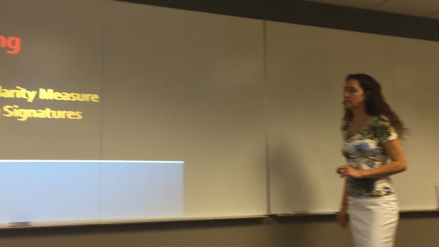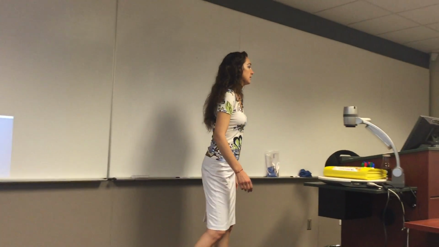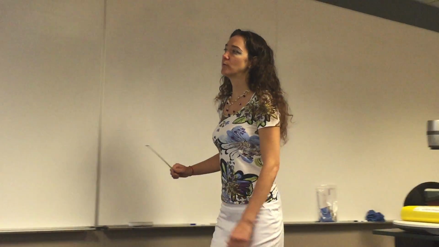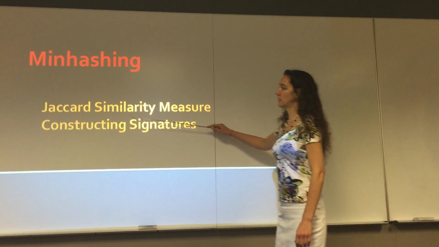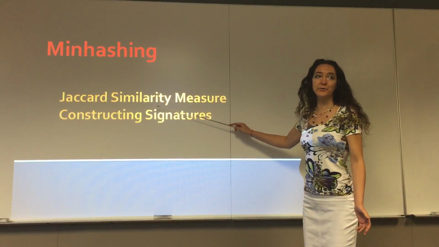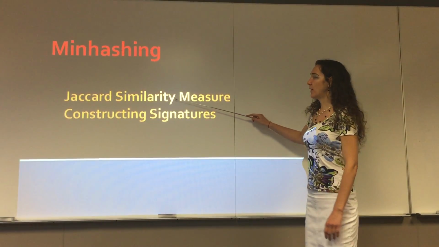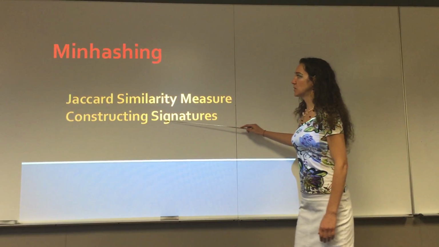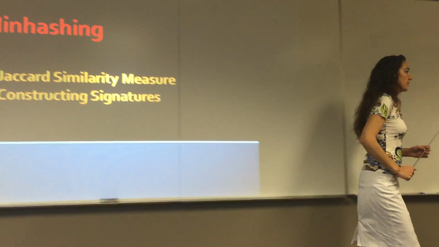is called min hashing. Min hashing uses Jaccard similarity, which is a similarity measure for vectors, usually of binary values or data of binary type. And then we will see how we can construct signatures based on that.